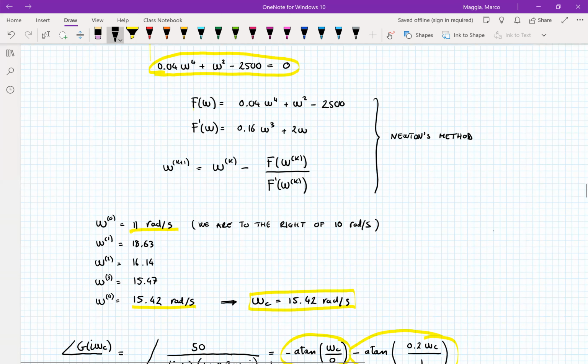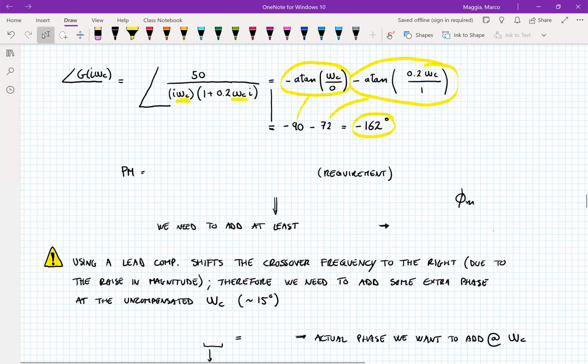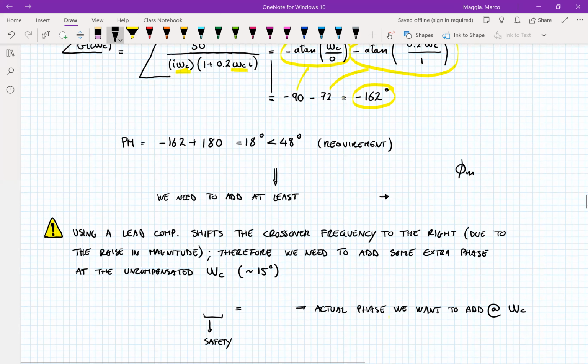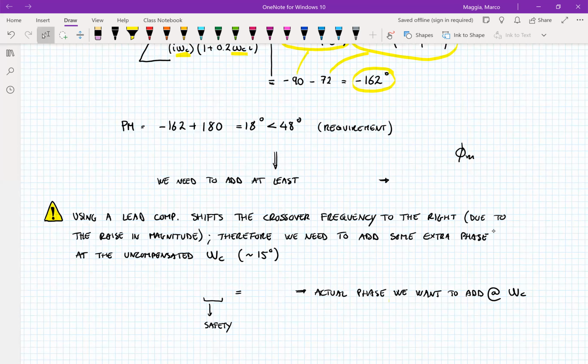So what is the phase margin that we actually have? The phase margin is minus 162 plus 180. So it is 18 degrees. And 18 is obviously less than the requirement of 48 that we had. So what we need is to add at least 30 degrees at the crossover frequency.